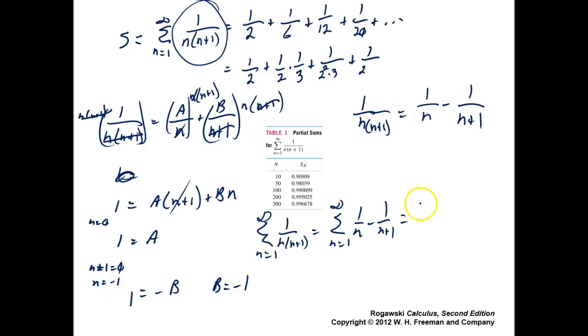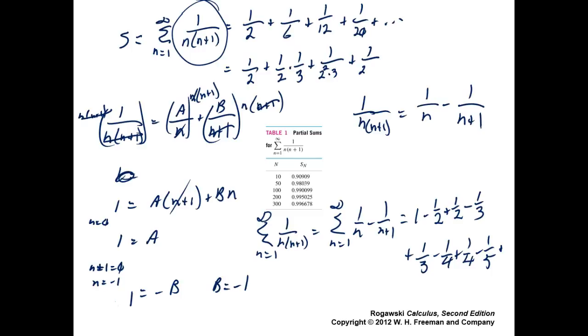Started with 1, what would that be? n equal 1: 1 minus 1 over 2 plus, do the next one, n equal 2: 1 over 2 minus 1 over 3 plus 1 over 3 minus 1 over 4 plus 1 over 4 minus 1 over 5 plus, you get the idea?